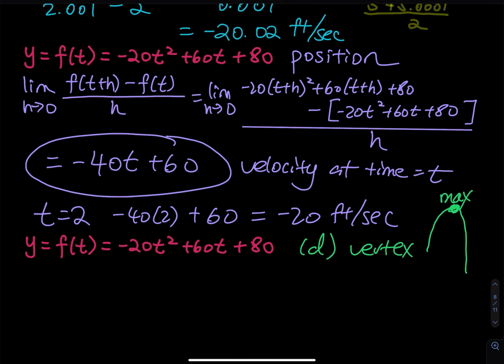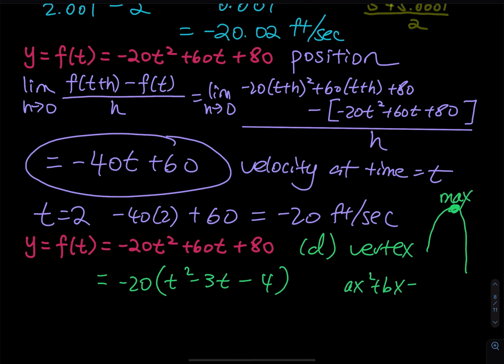So the way we do this is we will do completing the square. So I factor a negative 20 out. So this is t squared minus 3t minus 4. When I complete the square, I want the coefficient of the t squared to be equal to 1. So inside the parenthesis, you have a quadratic expression, ax squared plus bx plus c, and b is equal to negative 3.